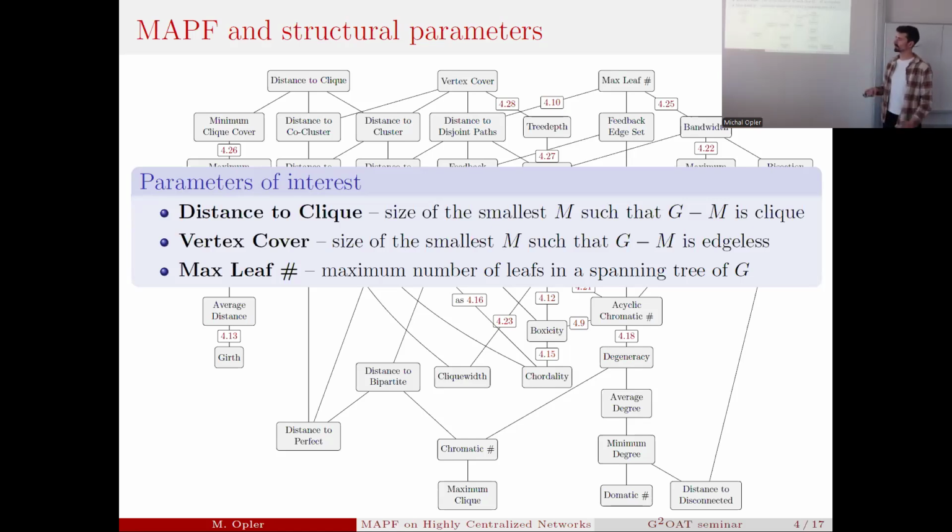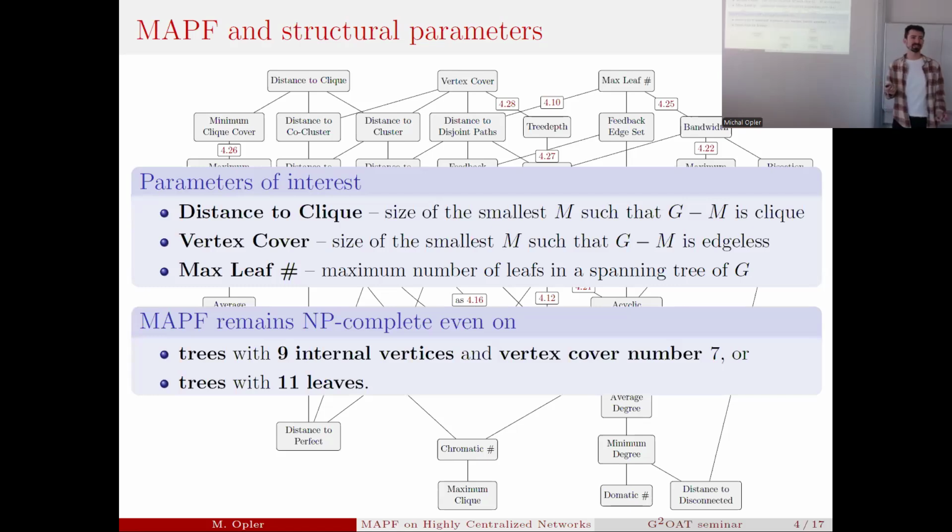Okay, so these are, like I said, the most restrictive ones in this particular figure. Can we use them algorithmically for solving multi-agent path finding? Well, for two of them we cannot, and in an even stronger sense: the problem remains hard on graphs of small vertex cover and small max leaf number, and even if those graphs are trees.